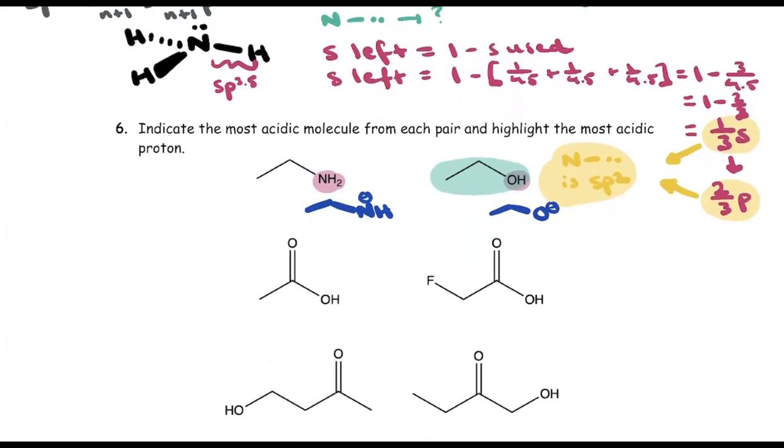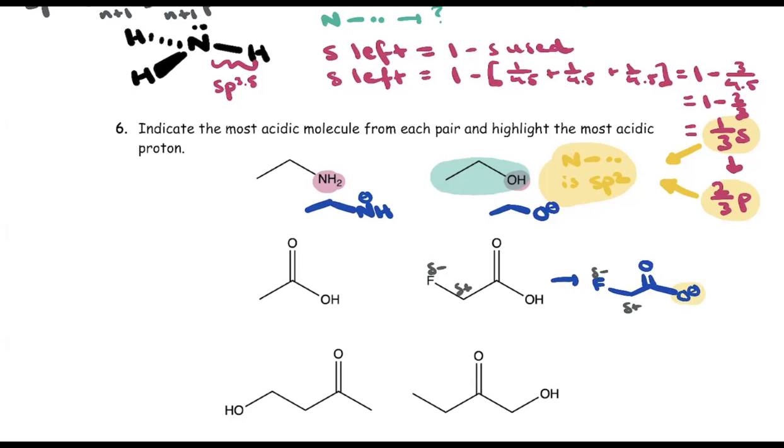Okay, next up, we're going to have acetic acid versus fluoroacetic acid. The one thing that we know about fluorine is that fluorine is very electronegative, so it induces some sort of a dipole. So we have a partial negative here and a partial positive here. If I were to draw my conjugate base, partial negative, partial positive, now this negative charge on oxygen serves a purpose.